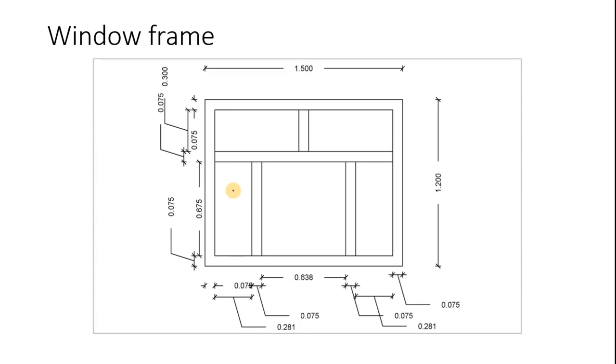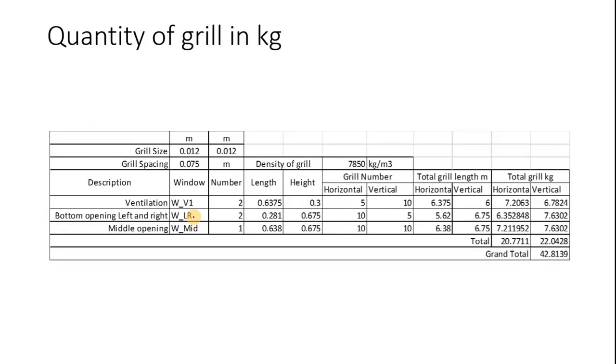Now to find the dimensions, this is 0.675 along height. We will assume the upward direction as height and the horizontal direction as length. So along the length direction it is 0.281, this is spacing, and along height it is 0.675, left and right portion.